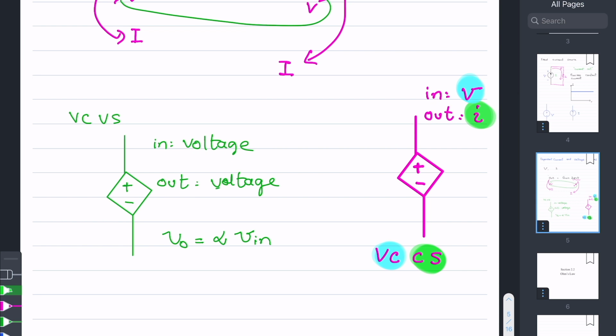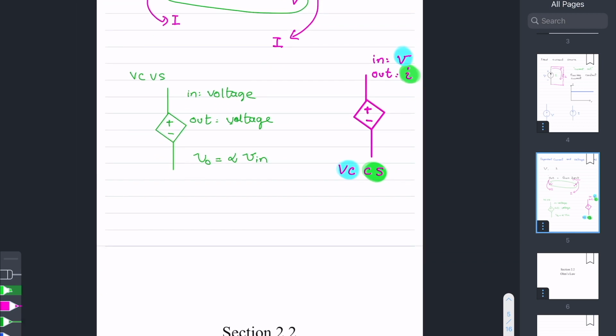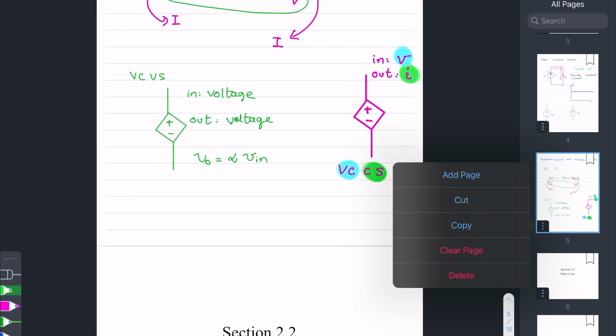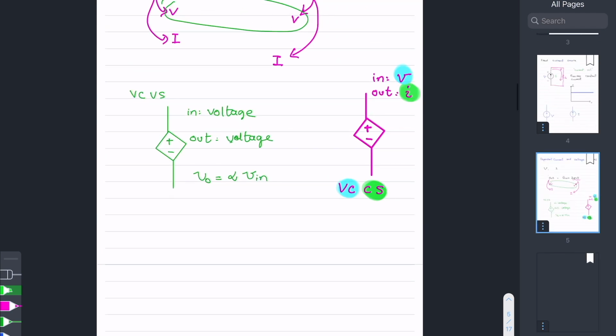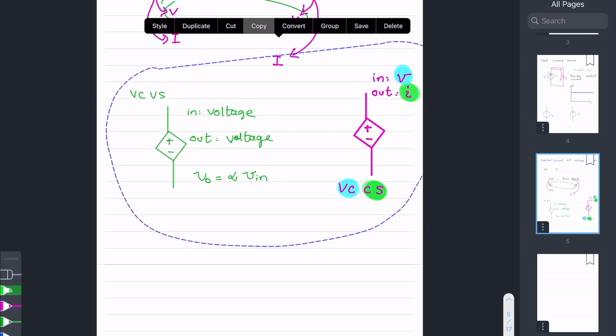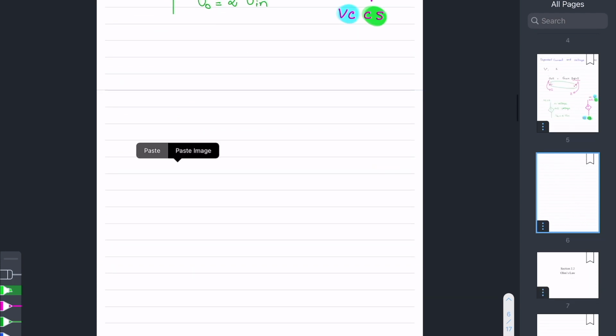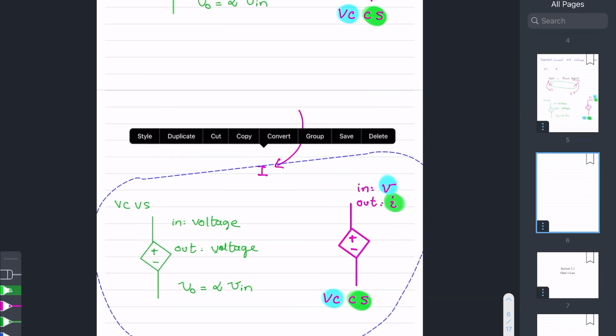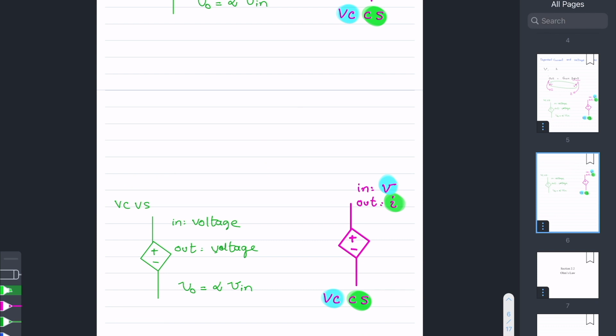So similarly you can also have this. Let me add a page here. I'm going to duplicate all of this. Now you can also have a dependent source in which the input is current, and the output is voltage.